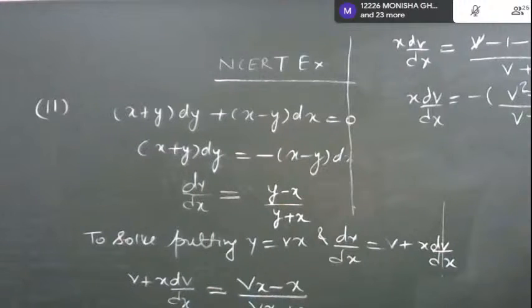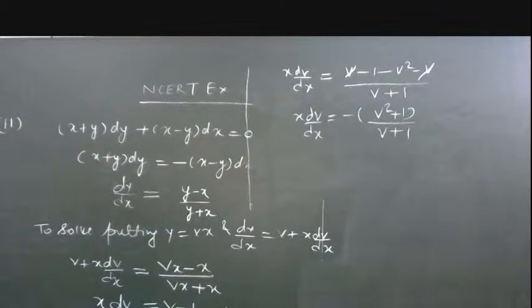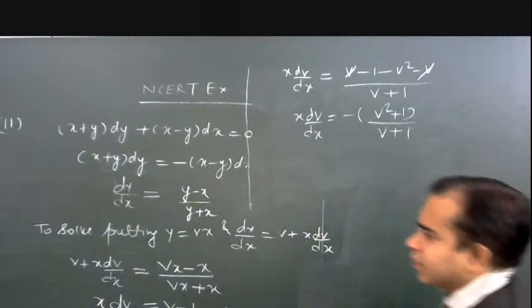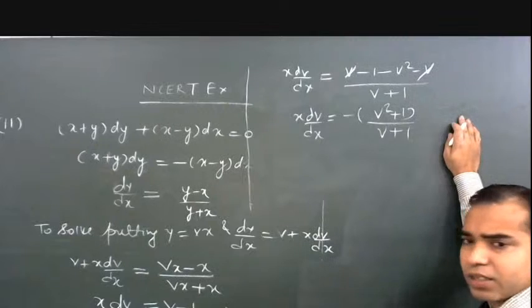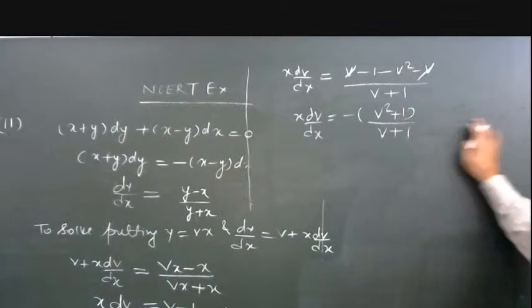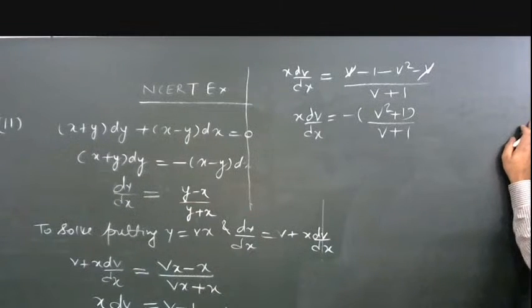No response. No, this is not good. v square upon v plus 1 plus 1 upon v plus 1. Yes, this is what I am saying, my dears. When I am asking you, be active and energetic. If a 12th class student is not active and energetic, then who else in the world can be, my dears?